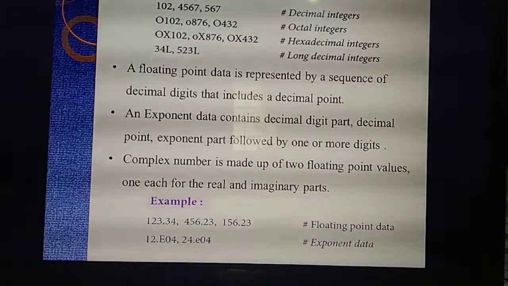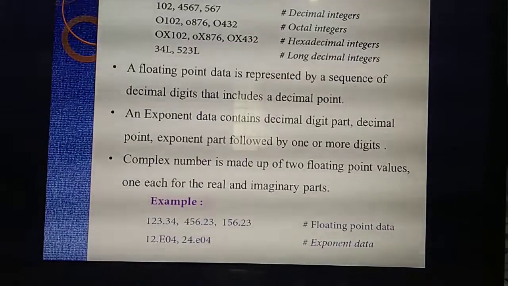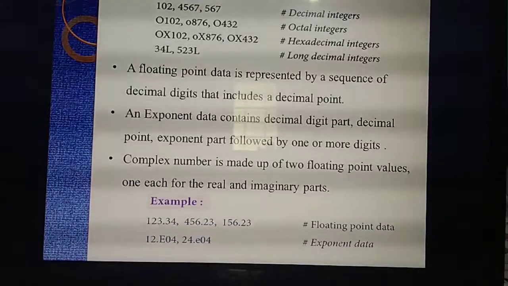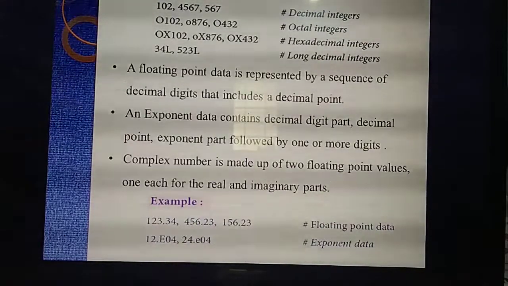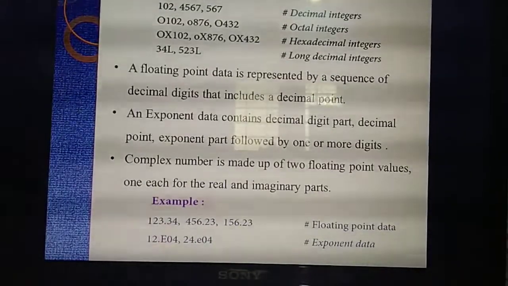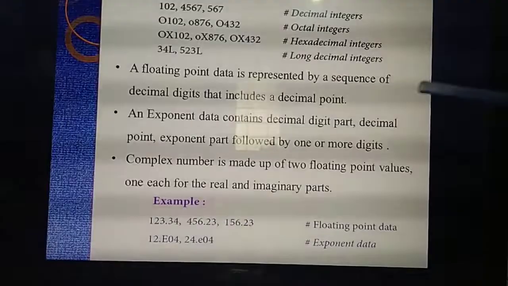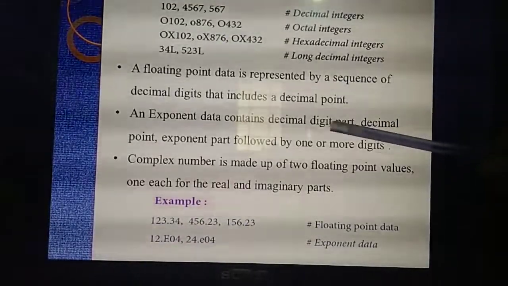Okay. Next thing is exponent data. This exponent data consists of how many parts? Sorry, 3 parts. This exponent is also an important 2 mark question. So this exponent data consists of 3 parts. What are the parts?